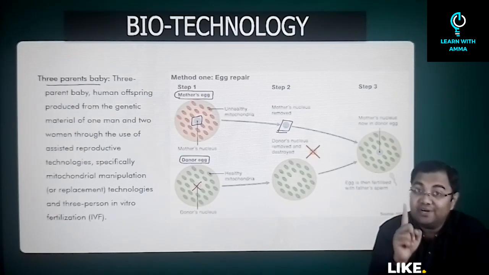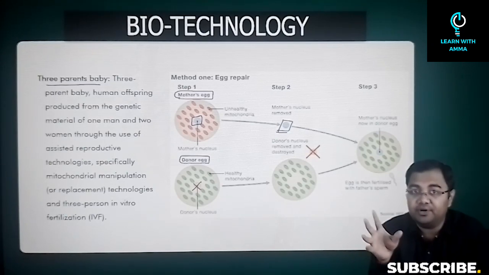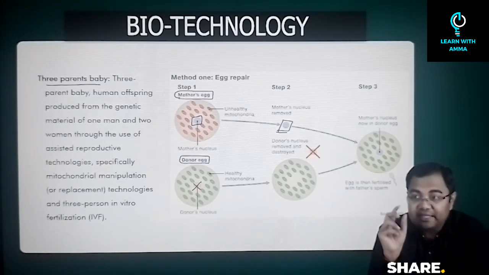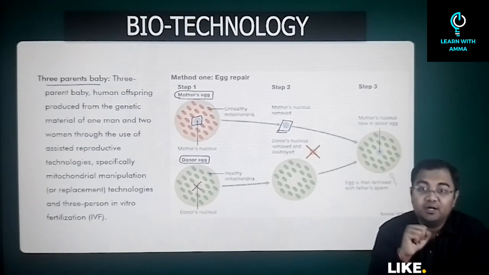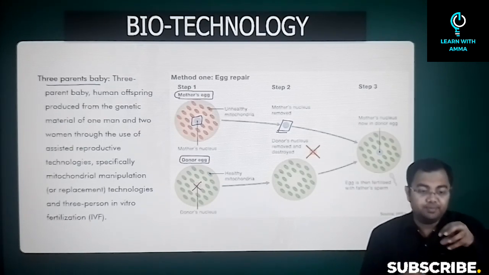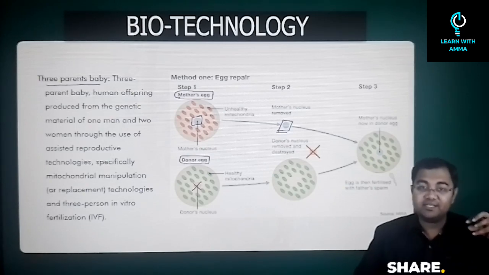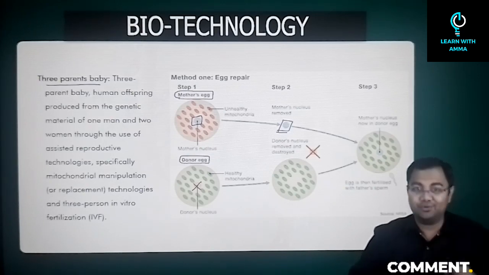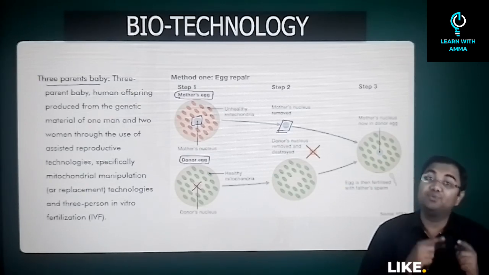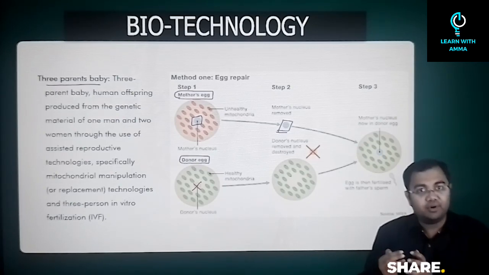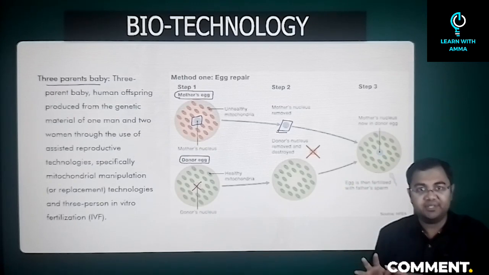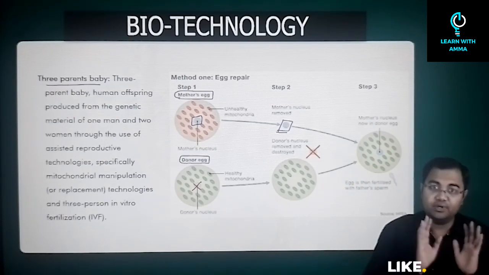That is why the nucleus is taken out and not the mitochondria. Just imagine that instead of picking out just one nucleus, if you had to pick out 20 mitochondria, it would be a much more difficult task. Correct? So we let the mitochondria be there, but we just take out the nucleus.